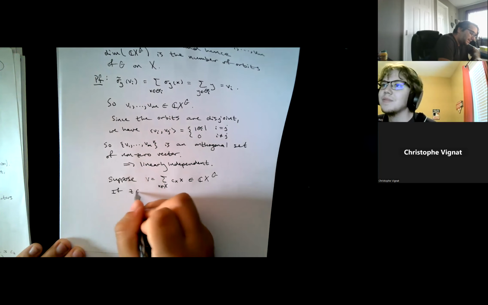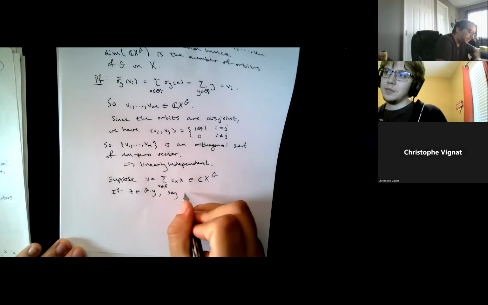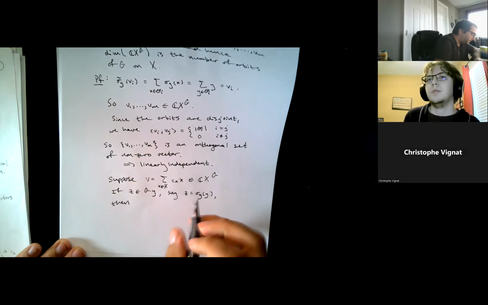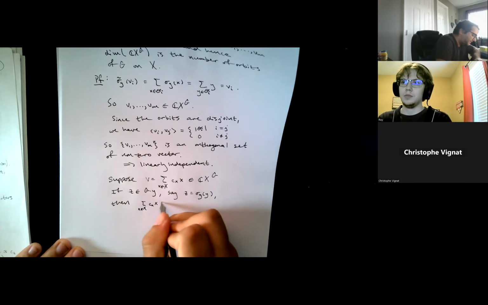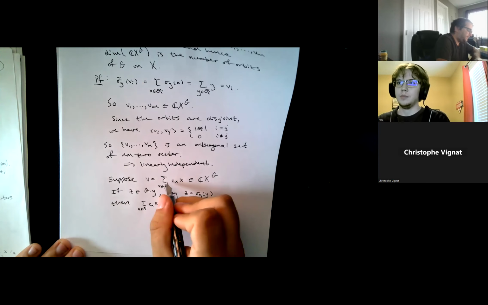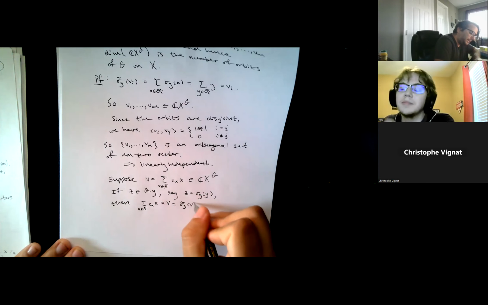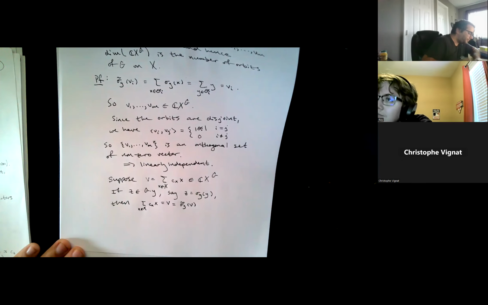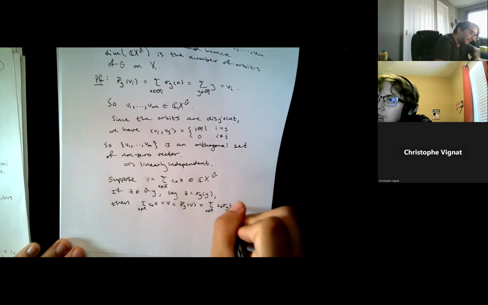If z is in the orbit corresponding to y, so say z is sigma G of y, then the sum over x in X of Cx x, so this is v, that's just definition, is equal to sigma G tilde of v, because v is in the fixed subspace, which is equal to the sum over x in X of Cx sigma G of x.